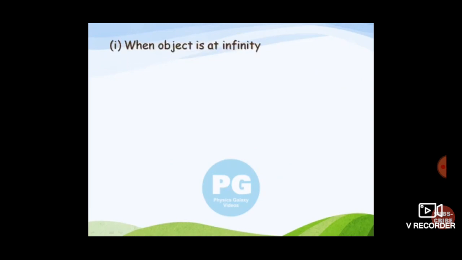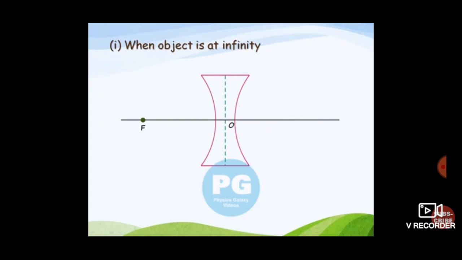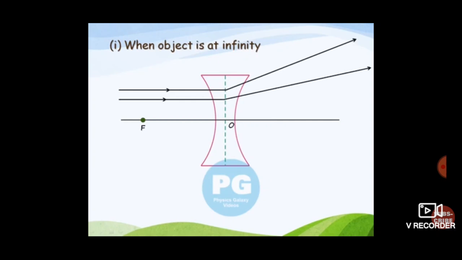Let's start the image formation when the object is at infinity. The rays of light coming parallel to the principal axis become diverging after refraction, since it's a diverging lens. Now for an observer looking from this side, these two rays appear to be coming from a common point, that is the principal focus, on the same side of the lens from where the rays are coming.